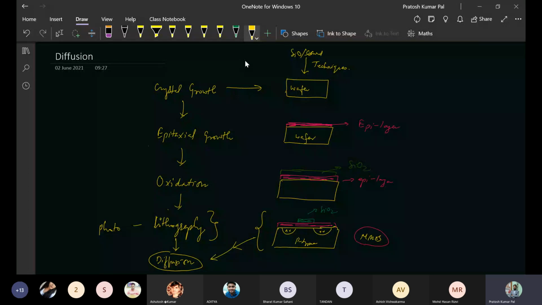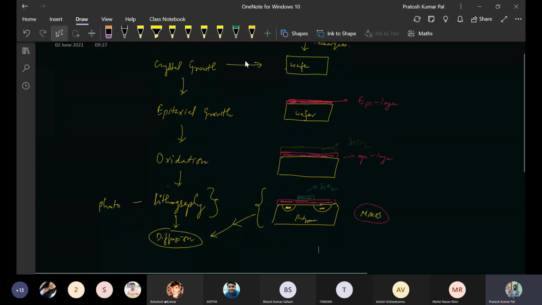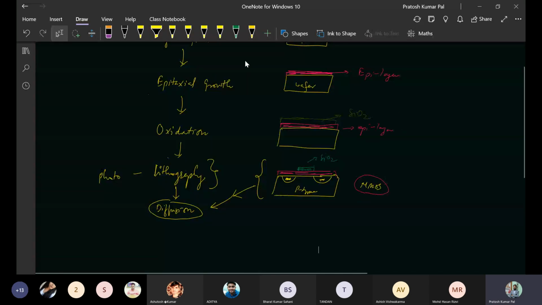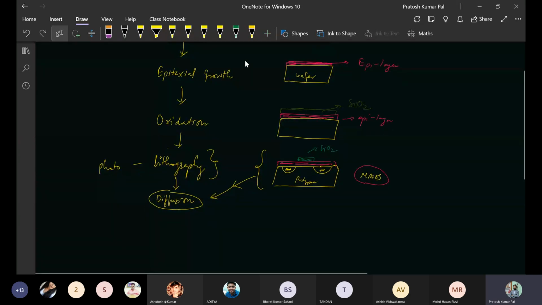This type of structure will be there without the diffusion region. Only this structure, and in this we will make the diffusion layer.